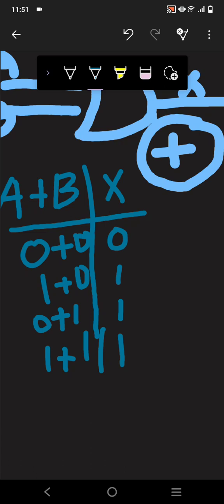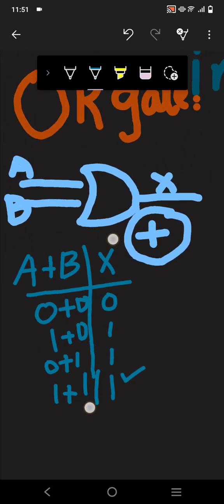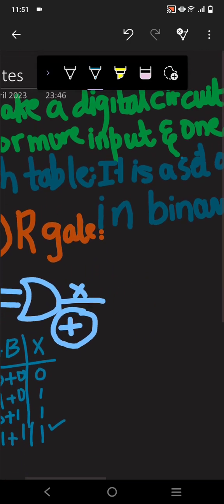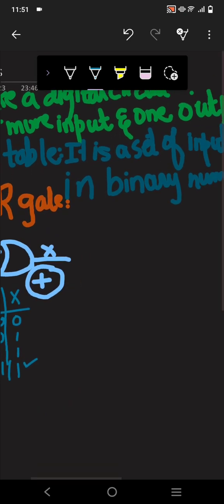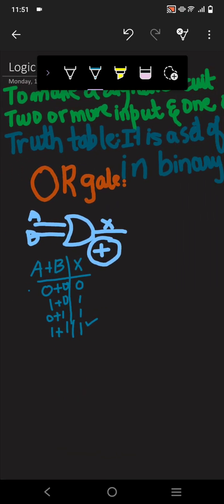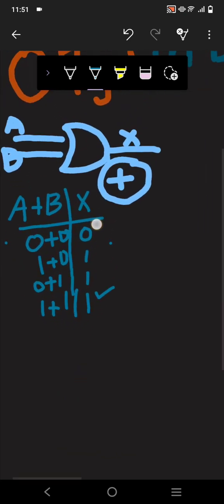So the conversion of 1 plus 1 in binary is 1. That is why we are not writing 2 here. This is the input and the output is 1.